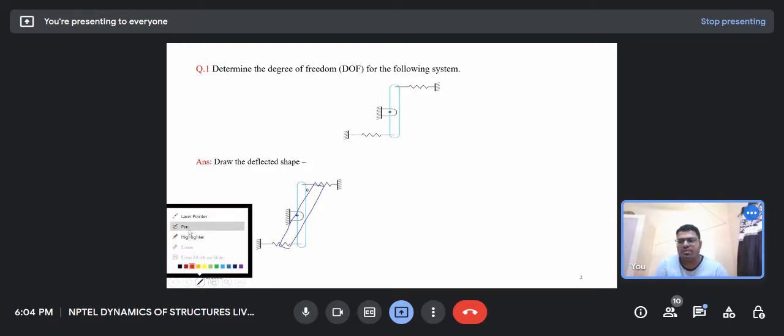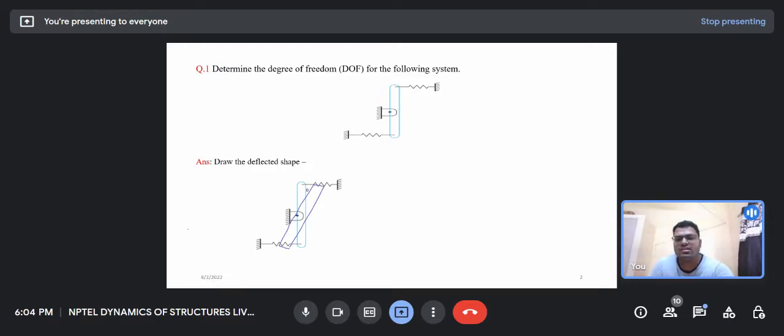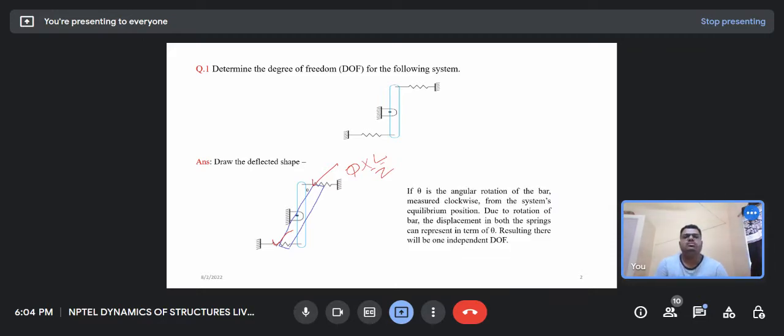Let me use my pen. In both the springs, the deflection would be theta times L by 2, or any length, L by 3, L by 4, whatever, but the system can be expressed in only one coordinate. So the degree of freedom of the system is 1.